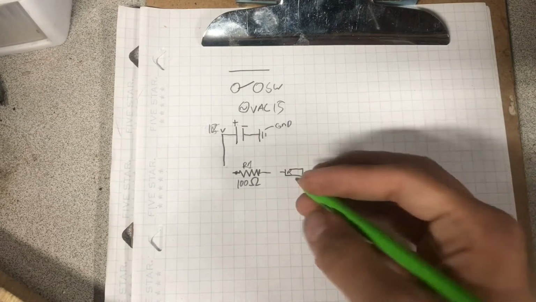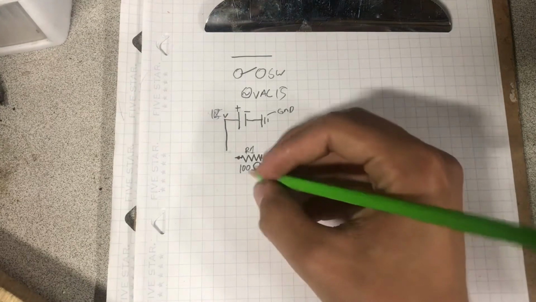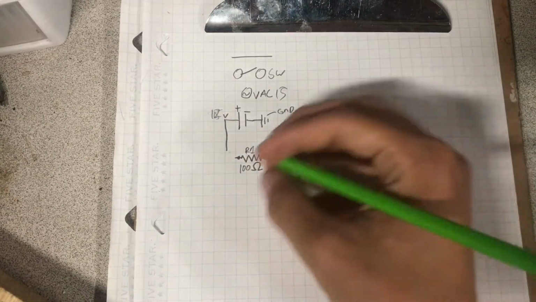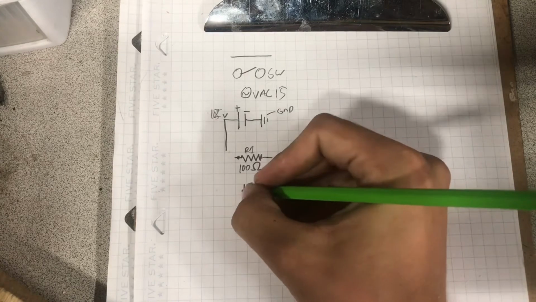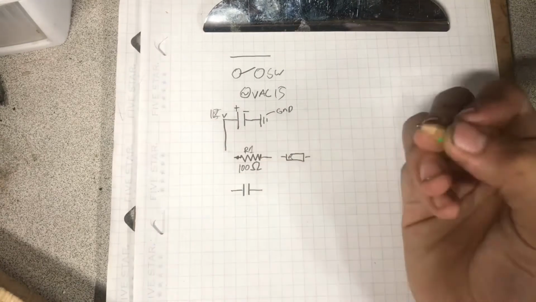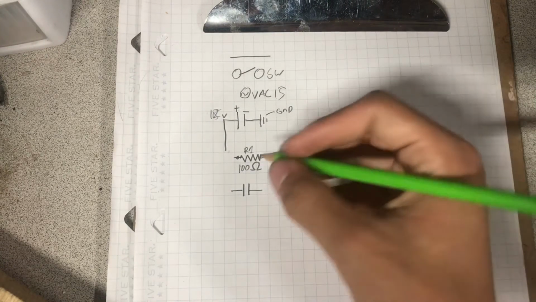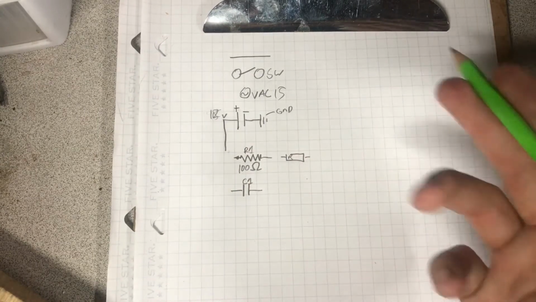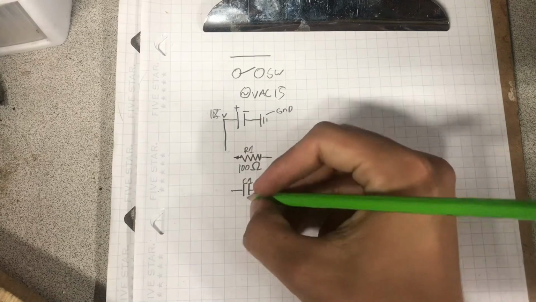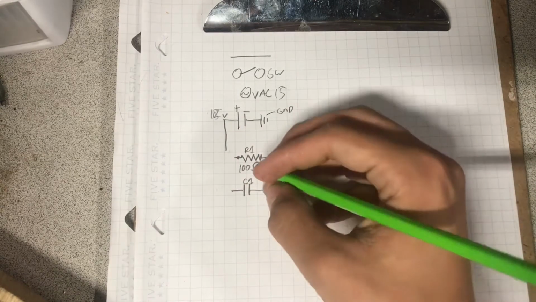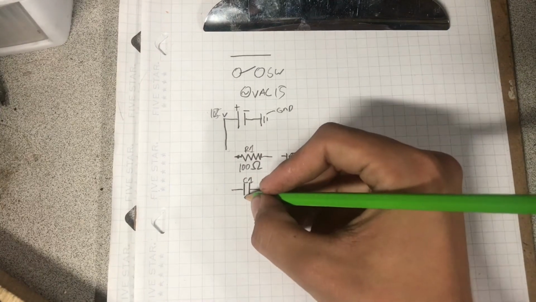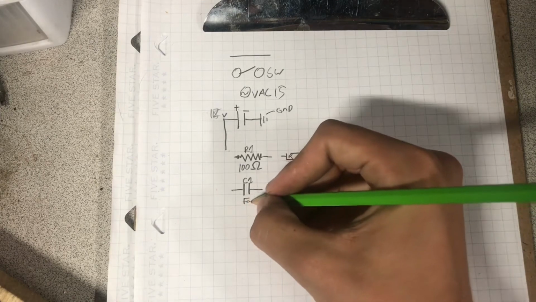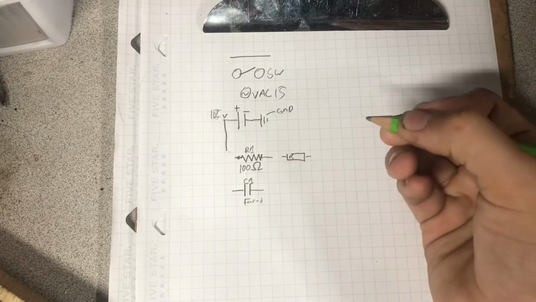Ohms of resistance. One of the other very simple components is the capacitor. This is represented by C, usually C and then a number on a PCB. Capacitors are measured in farads, named after Michael Faraday.